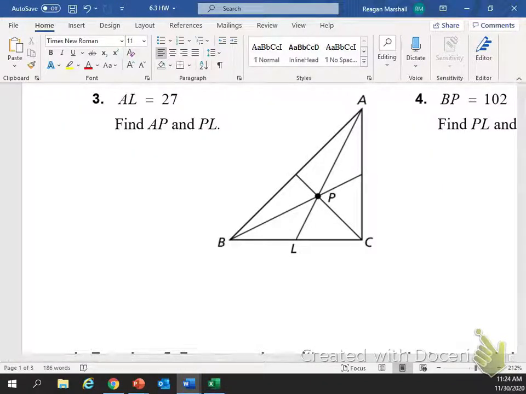Find the length of AP and the length of PL. Correct, Trey. Correct.